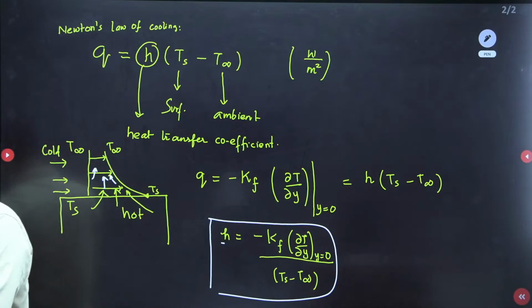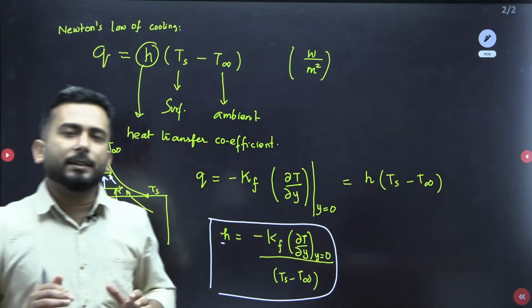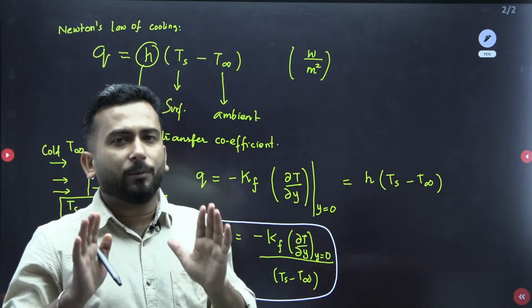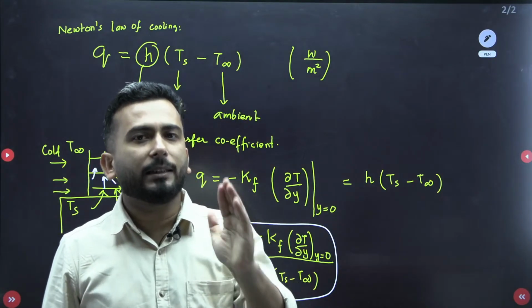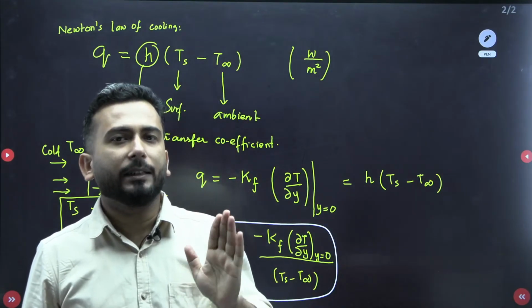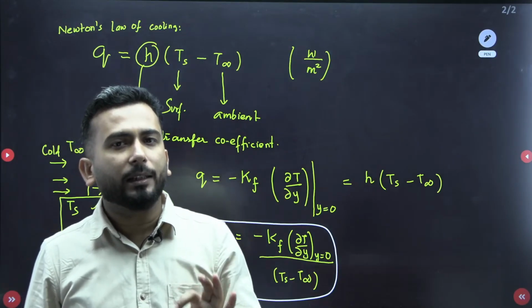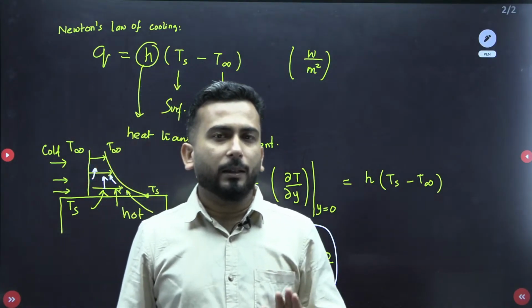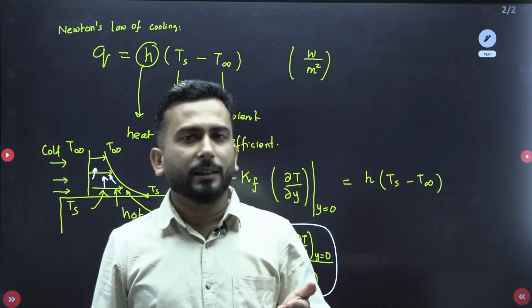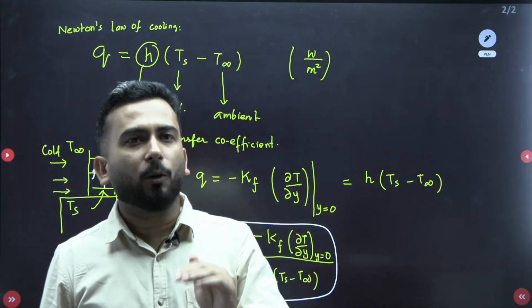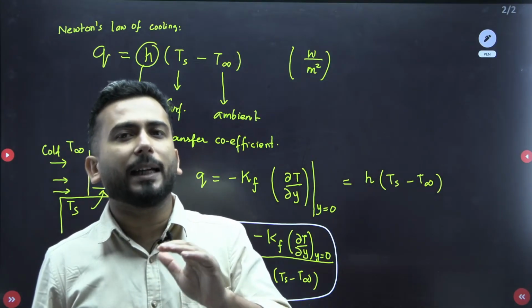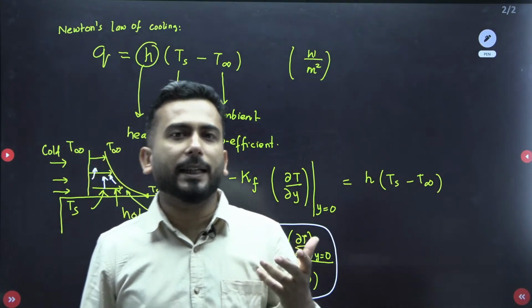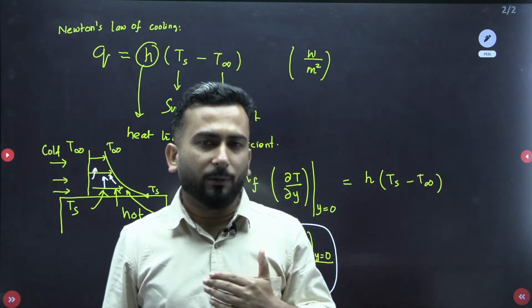Now my dear friends, till now we have at least one idea that when convection is taking place, definitely there is an enhancement of heat transfer. If the fluid was stationary, if only conduction was allowed to take place, then there would be heat transfer, but not at that much faster rate.